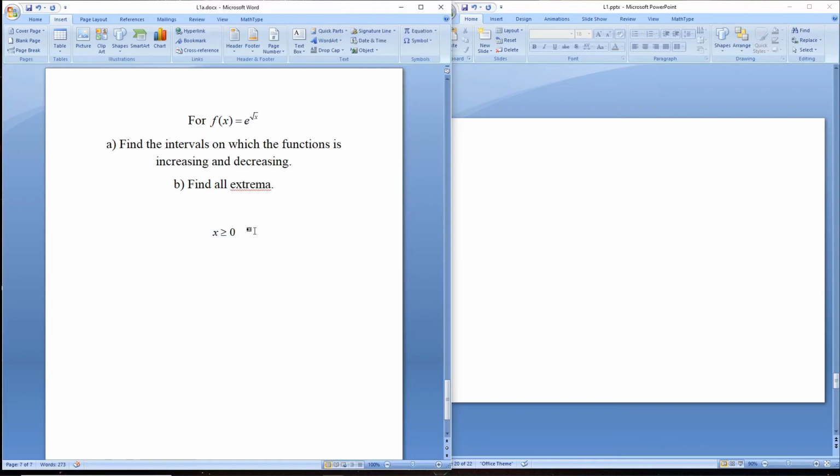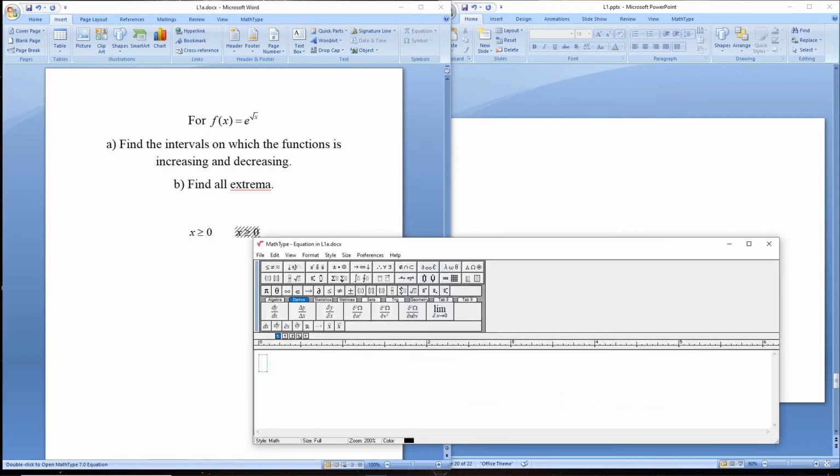And the domain gives us the endpoints. So our endpoints here, if you want interval notation, would be 0 to infinity.